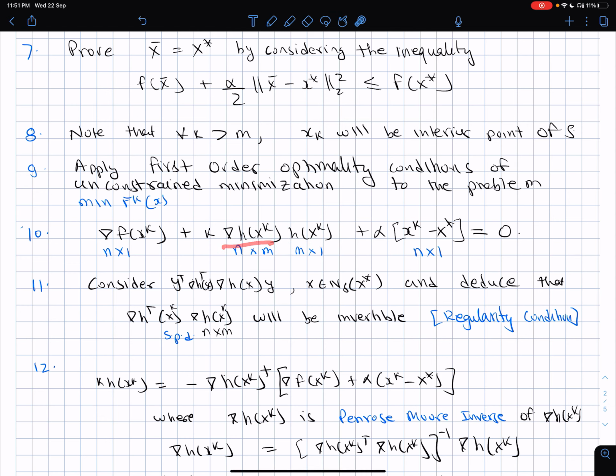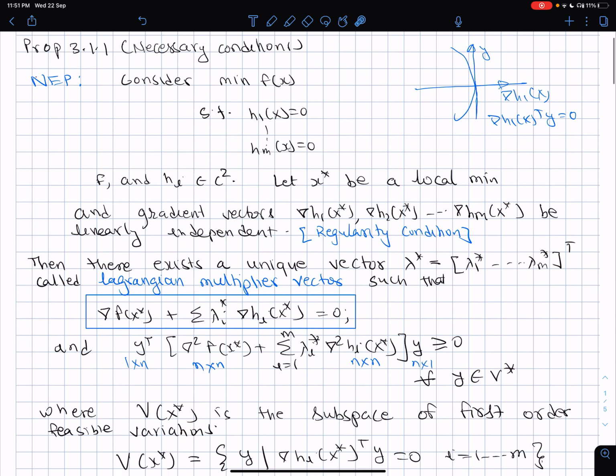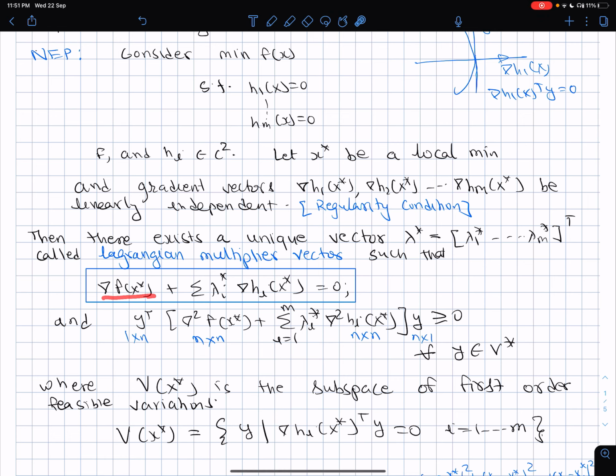This goes to gradient of h of x star. This goes to gradient of f of x star, and this term obviously becomes 0. So where does the whole of that thing go? The whole of that thing goes to gradient of f of x star plus this matrix times the lambda star vector is equal to 0, which is what I have written here.